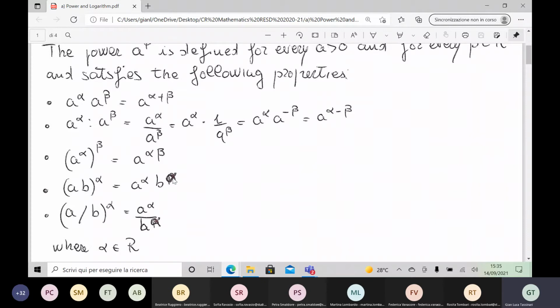What kind of product is this one? It is a product between two powers with different bases but with the same exponent. When you have a product between two powers with different bases, a and b, but the same exponent, alpha, the result is simply the product of the bases, a times b, raised to the common exponent.